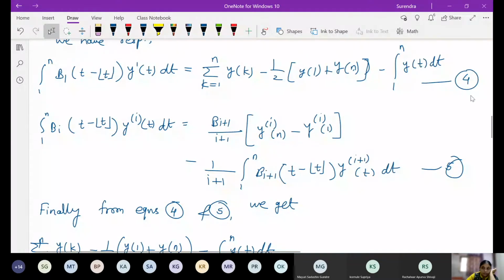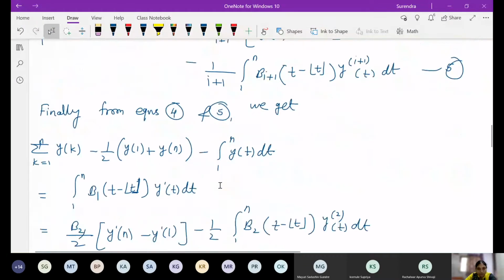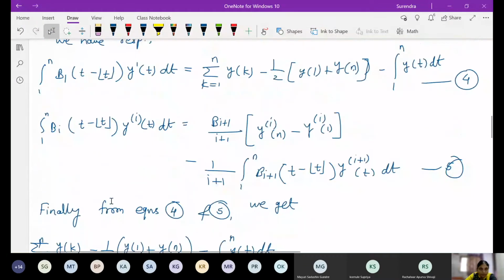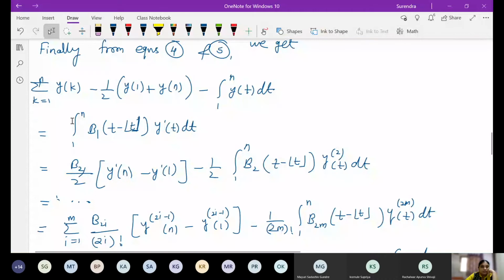So now using 4 and 5, you can see here this summation yk term is there. If I rearrange 4 and 5, I will get summation k equals 1 to n yk minus half y at 1 plus y at n minus integration 1 to n yt dt.